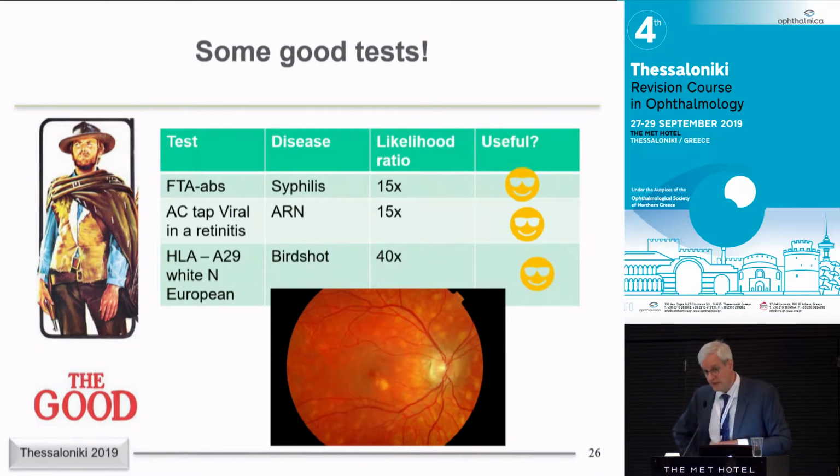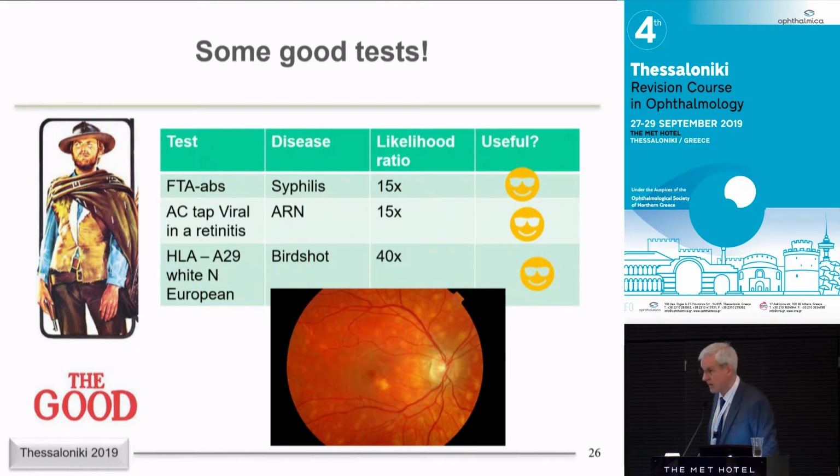We do have a couple of really good tests in uveitis. There's not that many. We have syphilis serology, which has very, very high sensitivity and specificity. So if you see a patient with an acute uveitis that could be syphilis, now there are big protean manifestations of that, but any patient with acute ocular inflammation, you should really think about ruling out treponemal disease, particularly if they're a male patient, because this tends to be a disorder of men, and we know that from epidemiology.